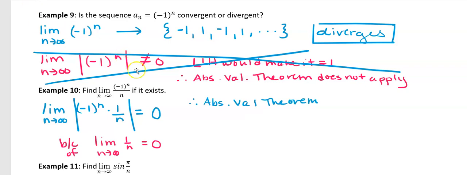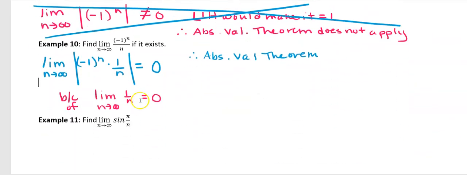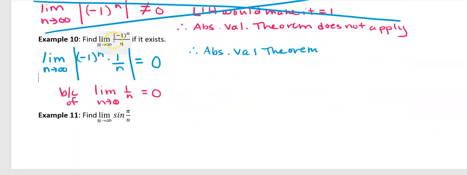And just to remind you, it's that absolute value theorem at the top here. If the limit of the absolute value of the sequence is equal to 0, then the limit of the sequence without the absolute value, just the plain old sequence, would also be 0. And that's what I'm finding here. I took the absolute value because I thought it might be a little weird with this -1 and 1 thing going on here.